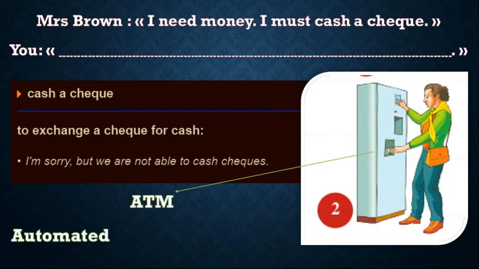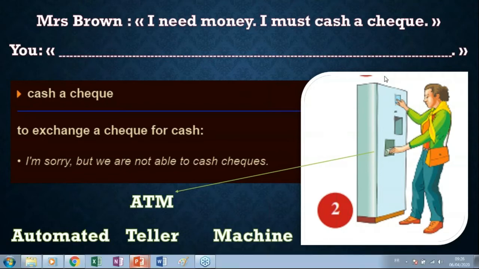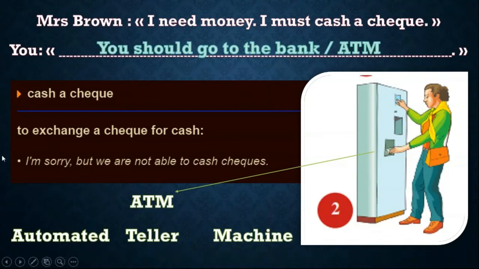An ATM is an automated, so the letter A is automated, T is teller, and M is machine. So it's an automated teller machine. You need to go to the bank or to the ATM, right? So tell them you should go to the bank or to the ATM.